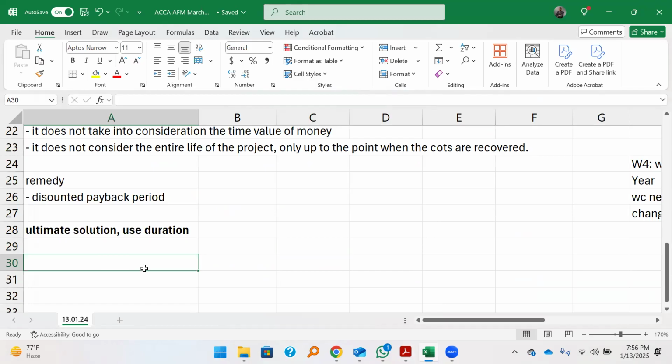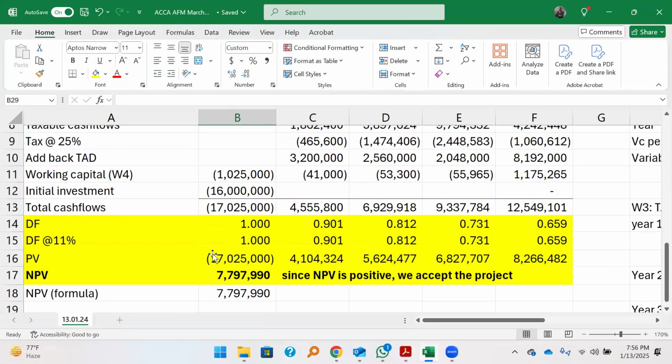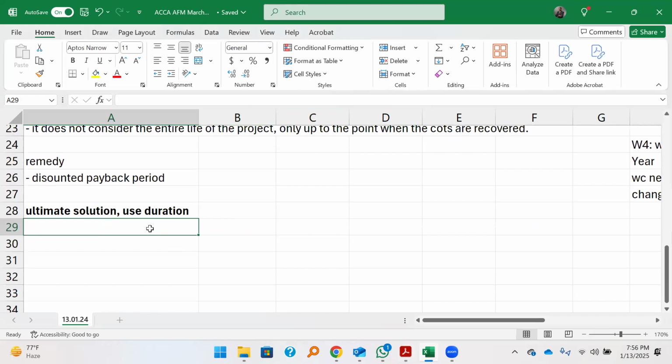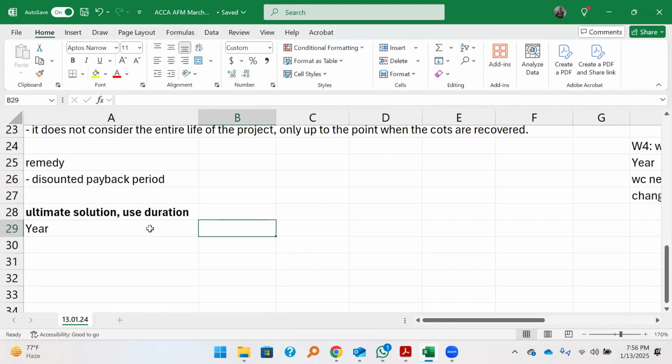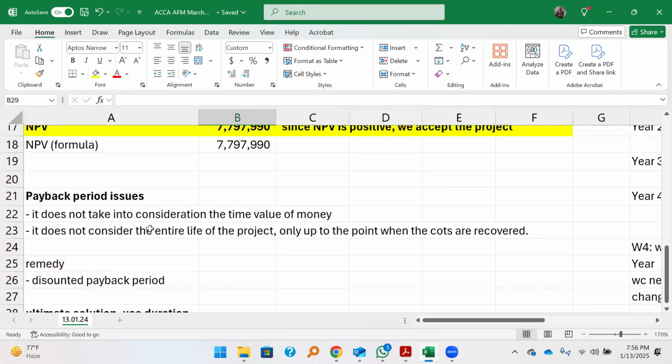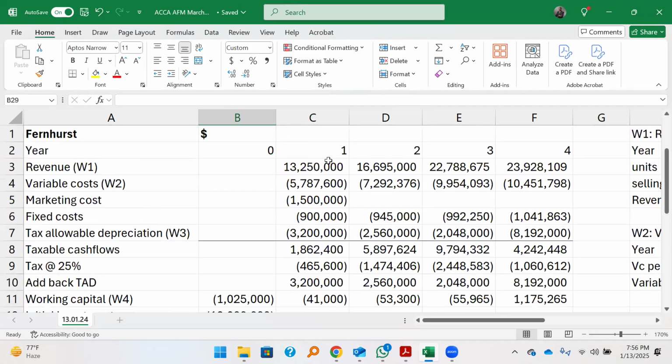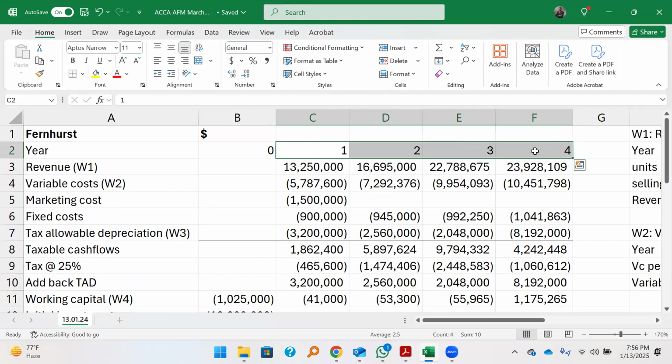So for you to work with duration, basically what you need is the cash flows from year one to the end of the project. So let me just get year one to year four.